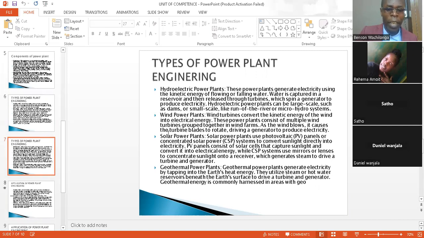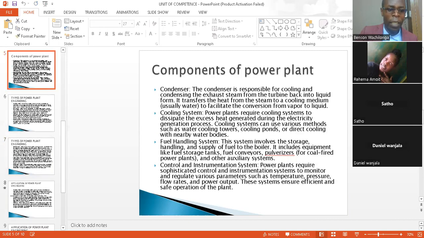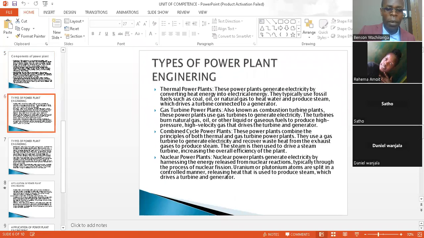And then we have the hydroelectric power plant, as you can see on slide number 5. Then we have the thermal power plant on slide number 6. This power plant generates electricity by converting heat energy into electrical energy.